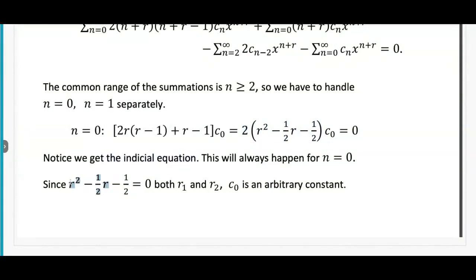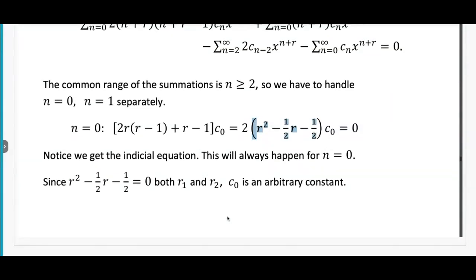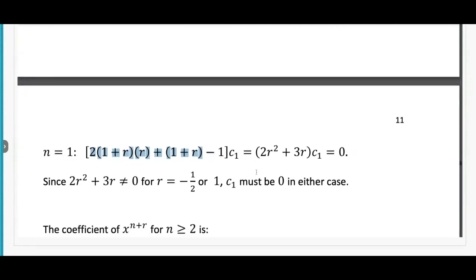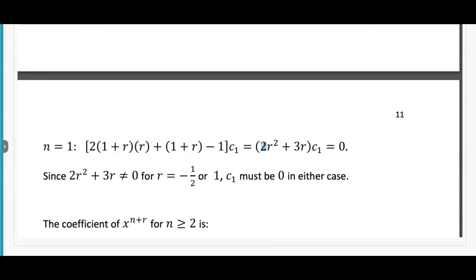So we have r squared minus a half r minus half equals 0, right? Get it from here. When n equals 1, we substitute n equals 1 and get this. We simplify it, we get this.